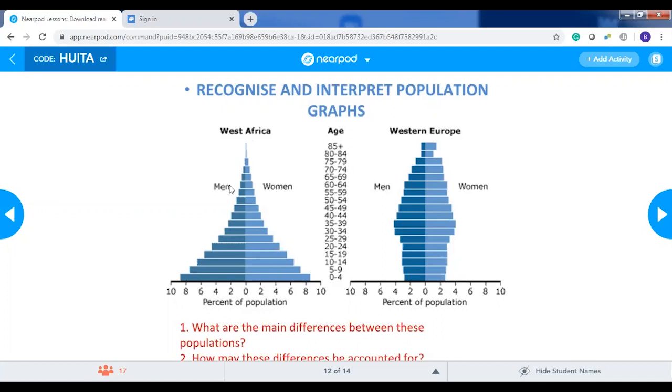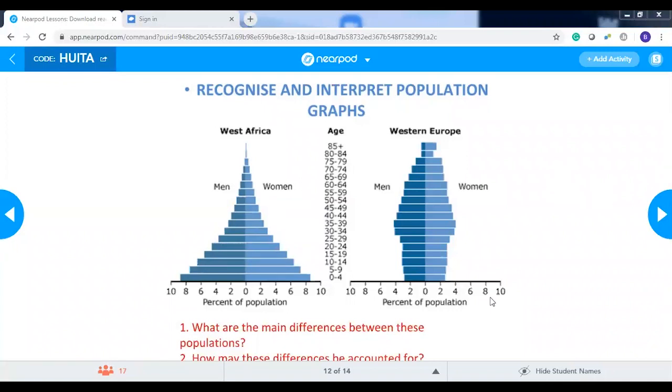Can you say why there is this difference between West Africa and Western Europe? How may this difference be accounted for? Yes, Caitlin? It's because of the environment and the conditions that the environment provides for the population.